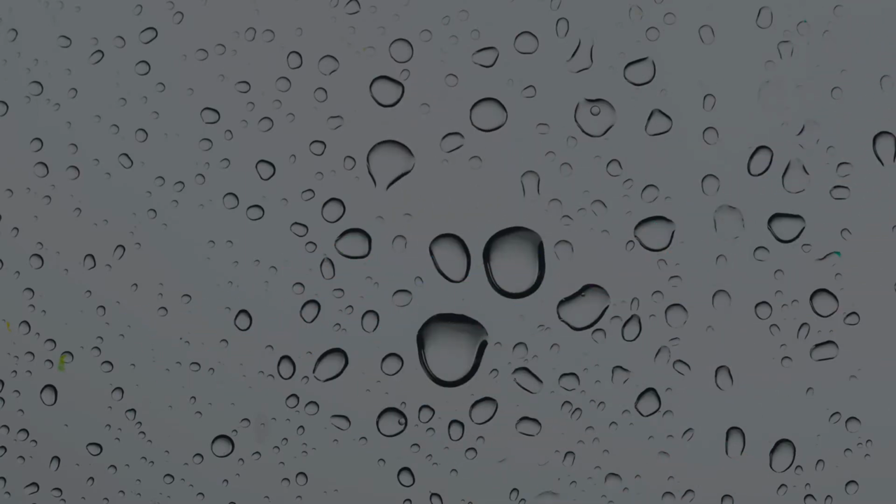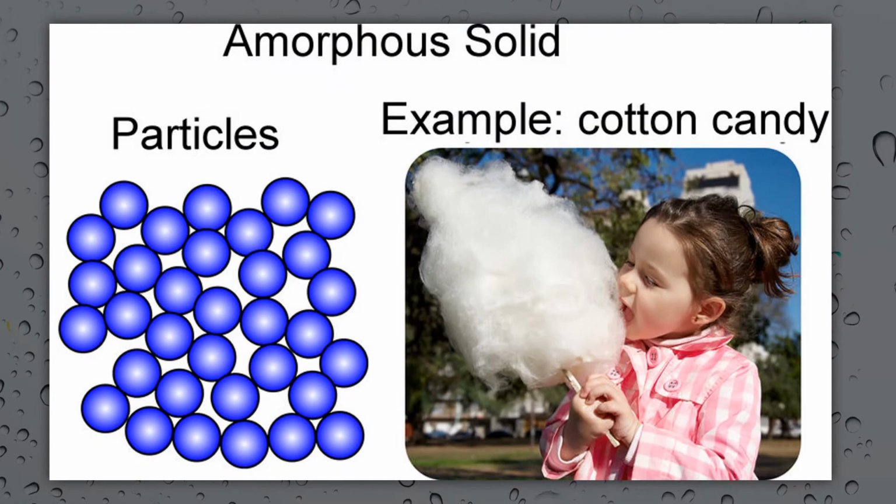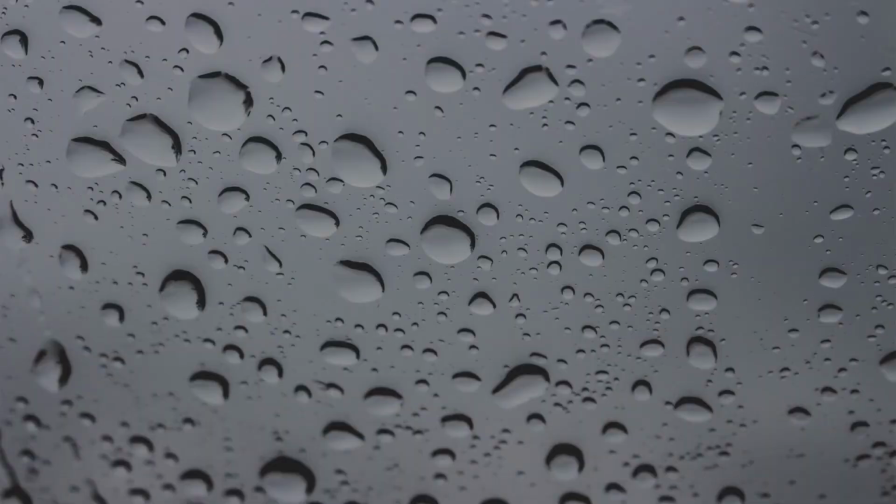Look at the particles of amorphous solid. The particles are arranged randomly, as you can see in this picture. And an example of it is cotton candy. There are many examples for crystalline solids, but here are some.